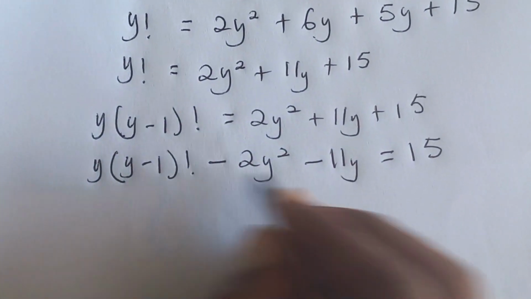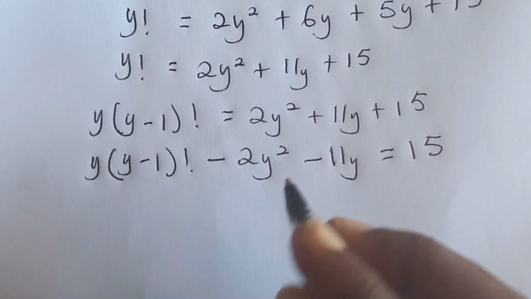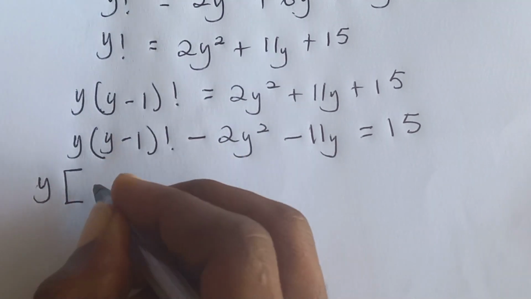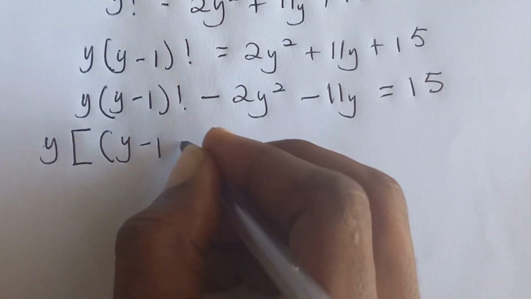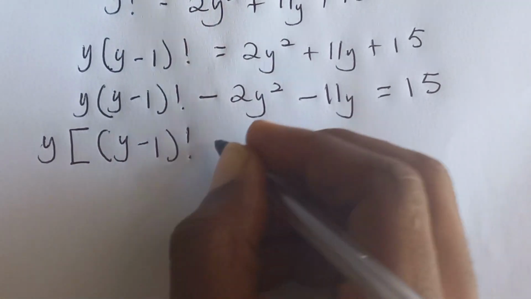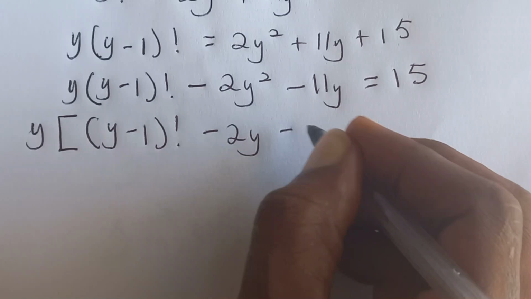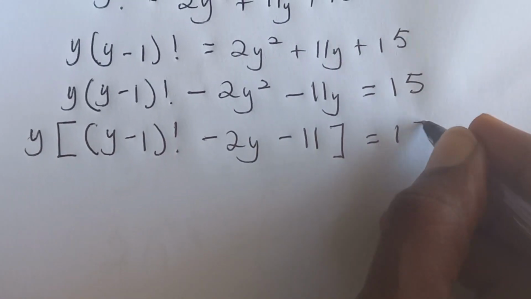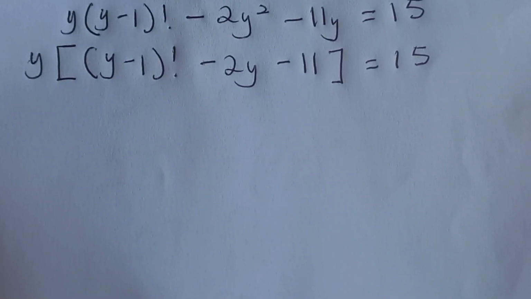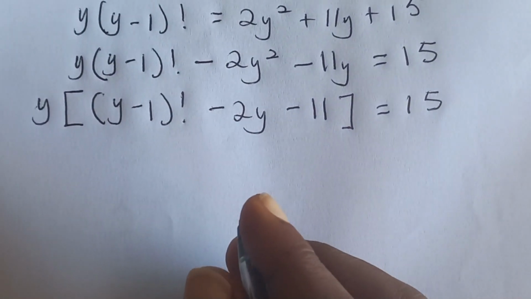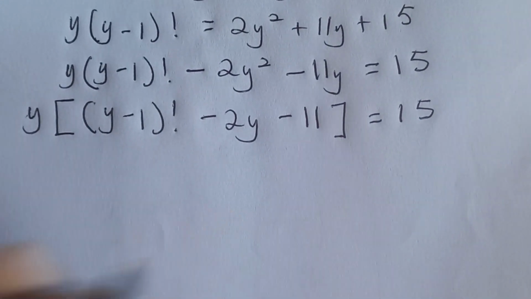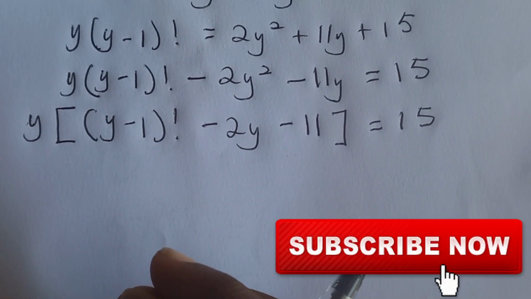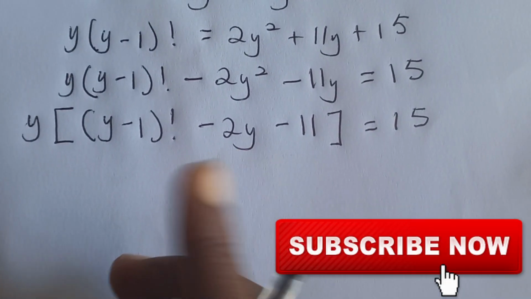Here y is common, so we can take y out. We have y times ((y - 1) all factorial minus 2y minus 11), and it's equal to 15. By definition of factorial, it is the product of positive numbers in which the successive factors decline by 1 down to 1.